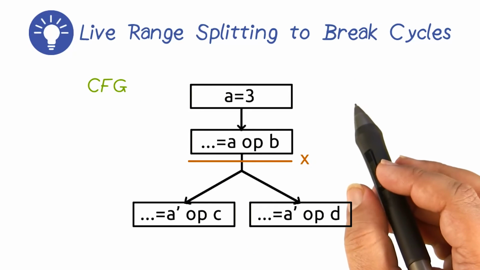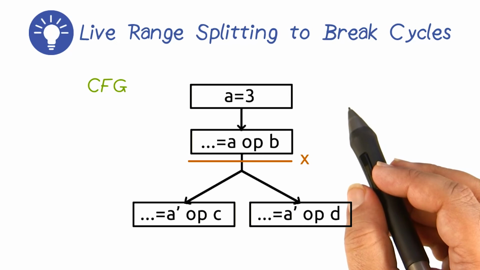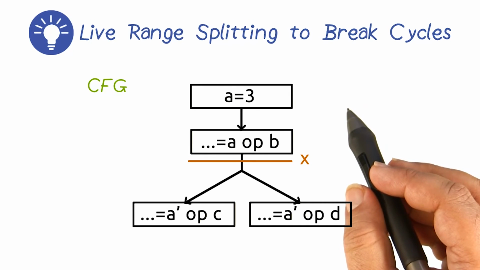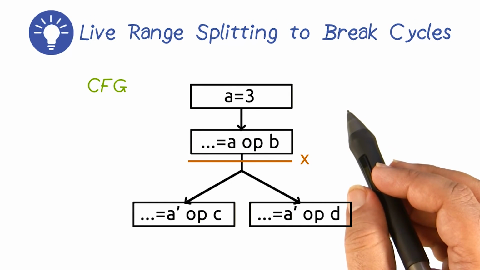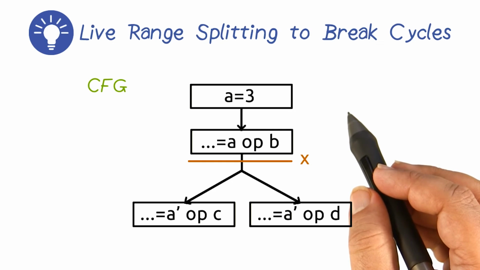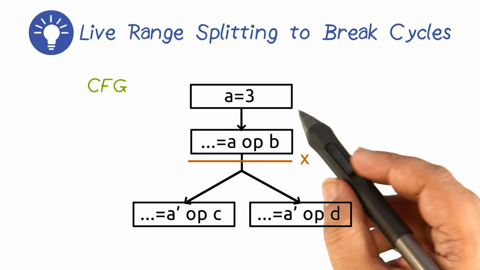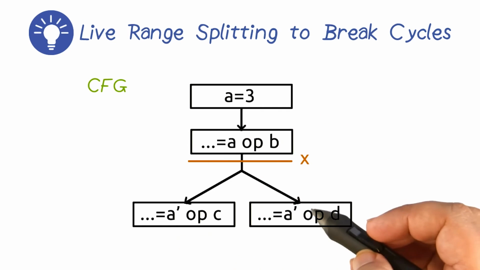So students, having seen how to detect the odd cycles by using the breadth-first hierarchy, now let us look at techniques to break these cycles. We need to remove these conflict edges from our graph RCG, and one of the easiest ways to do it is to break the live ranges. So let us refer to this control flow graph in this example.